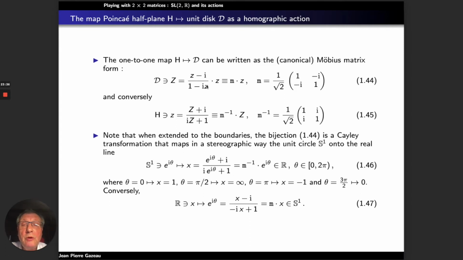Just adapt to this Möbius transformation the notation we used already for the homographic action of SL2R on the half plane.